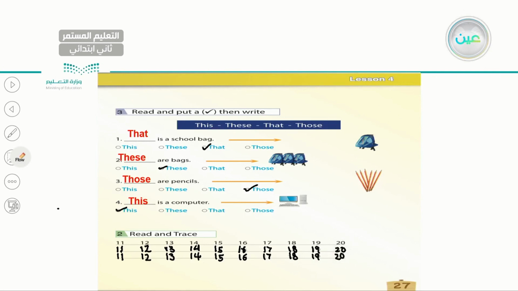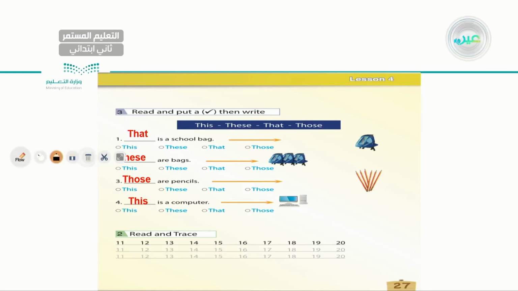So all you need to do is just trace the numbers, because for the next lessons, inshallah, I will have several exercises for numbers.